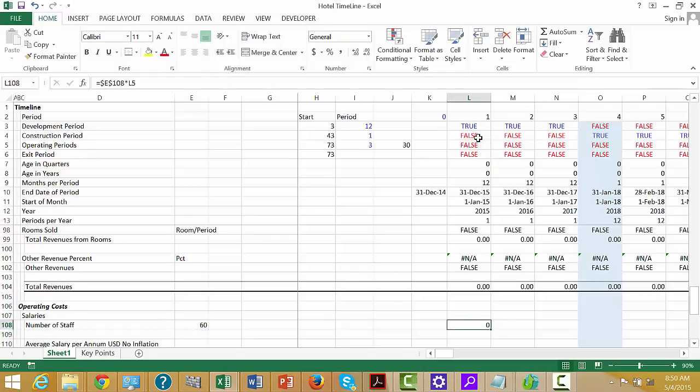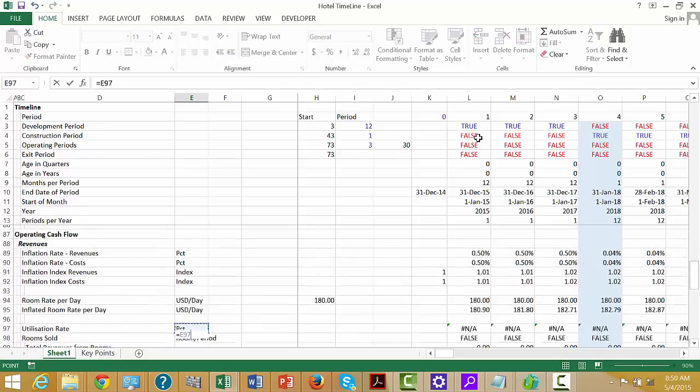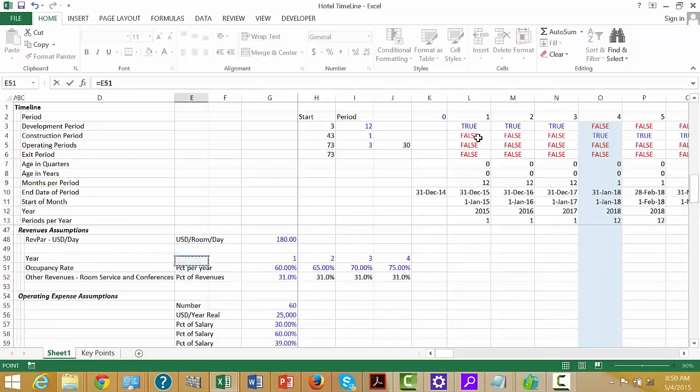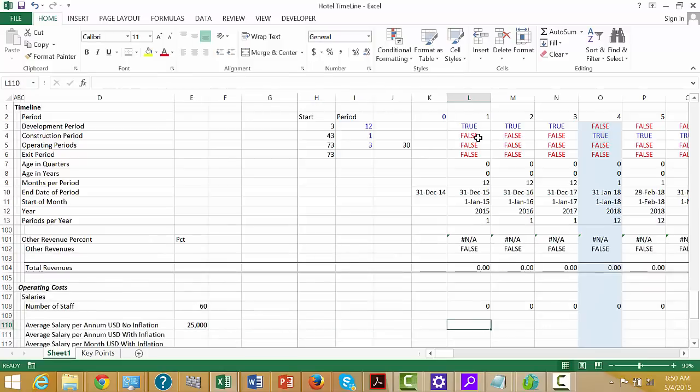Then we can have average salary per person without inflation. Now this is our annual salary, so I like to put these things over here. The issue is just trying to make the model very transparent, and we can say, well, we'll take this one, this is our annual one, and again multiply that one by the operating period.